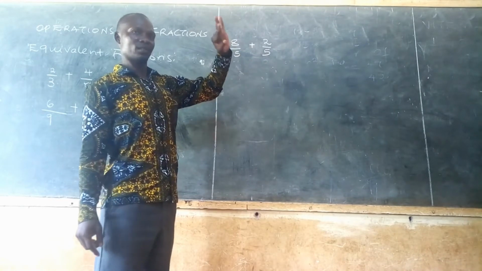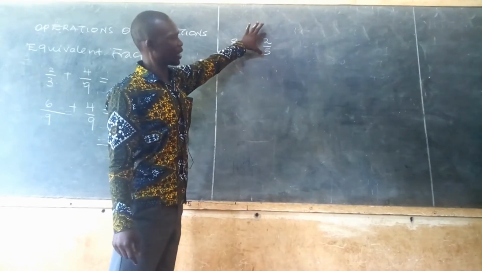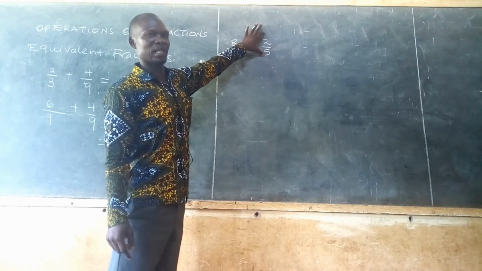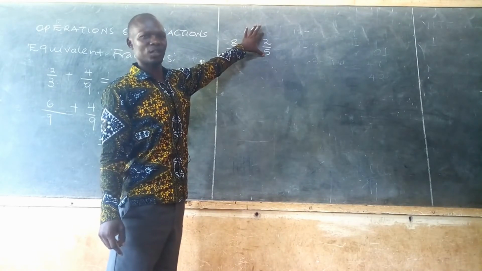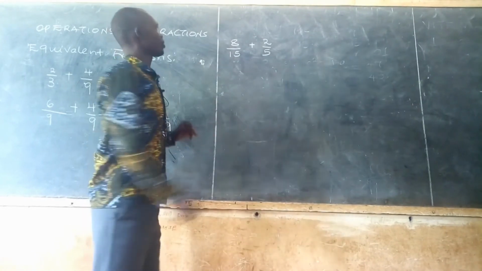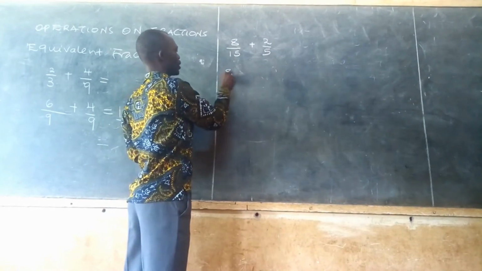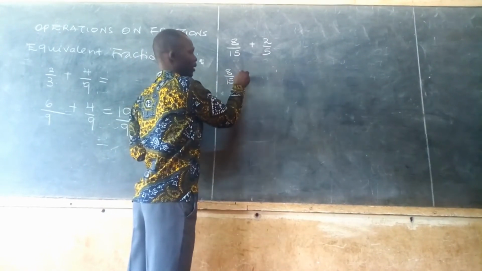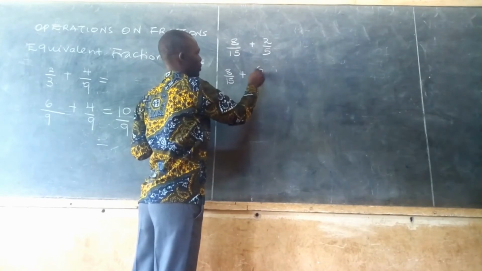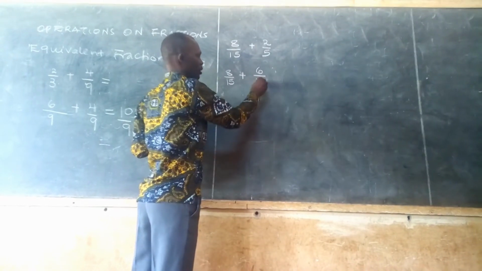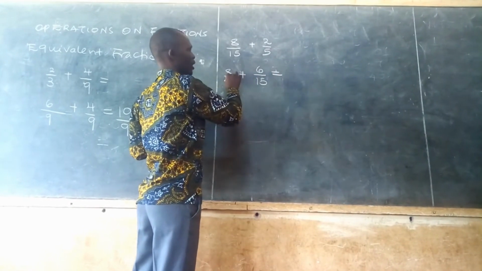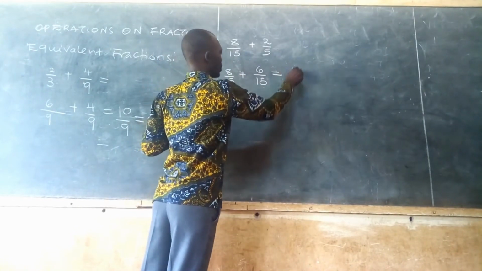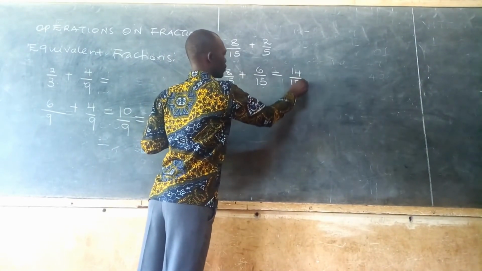The answer is 3. So I will multiply everything, both the numerator and denominator of the second fraction by 3. So what will I write? 8 over 15 plus 2 times 3 will be 6, 5 times 3 will be what? 15. So that gives me 8 plus 6, that will be 14 over 15.